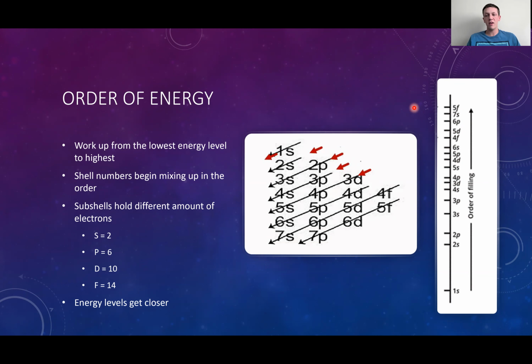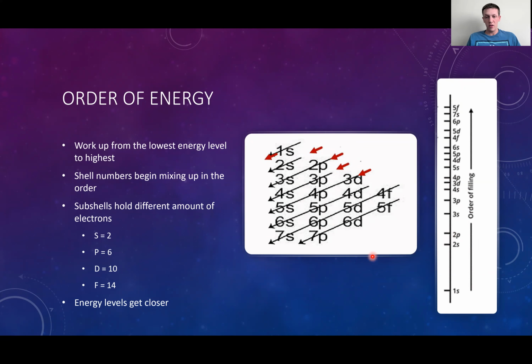One way that you can keep these in order is by this little diagram here. As you go through here diagonally, it helps you understand what the order of the electron configurations is. It's helpful to memorize, but as we'll go further in this PowerPoint, the periodic table is also a helpful guide to discovering the order of these orbitals.